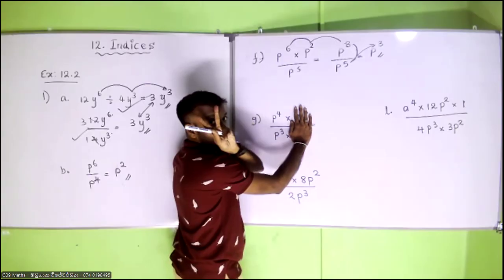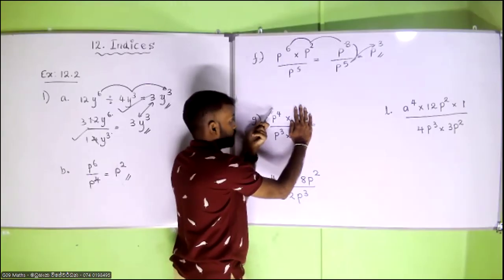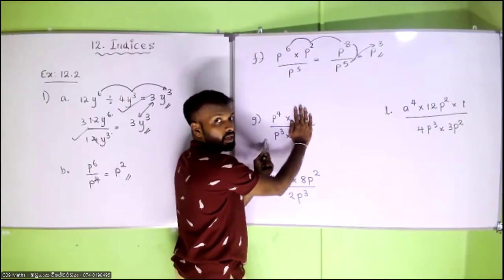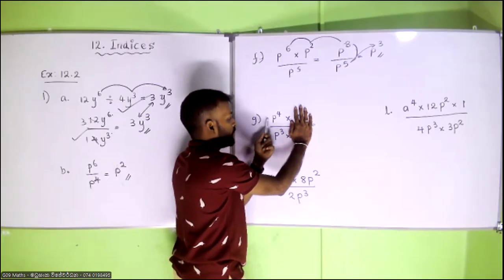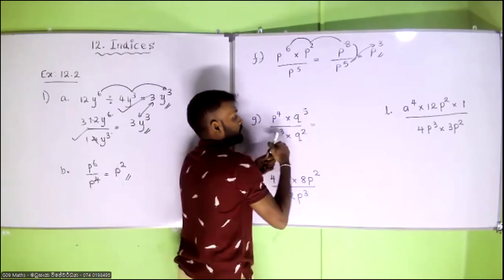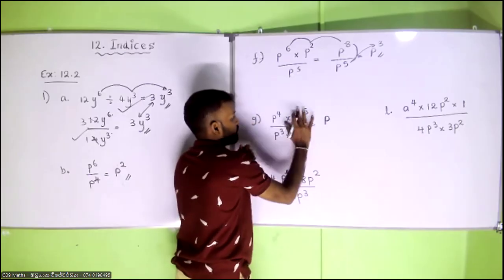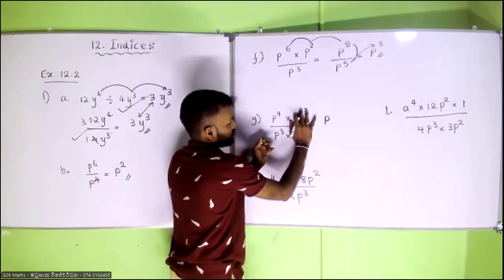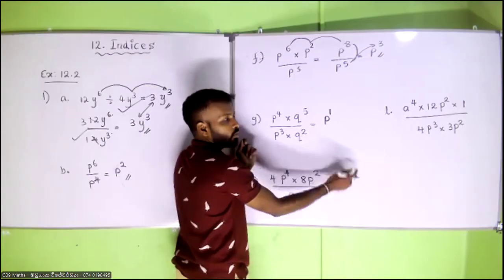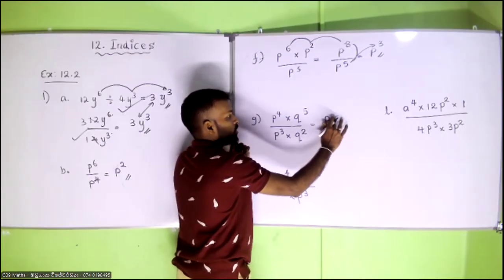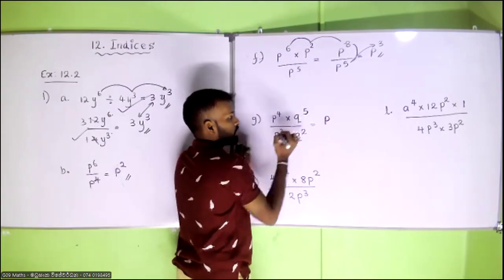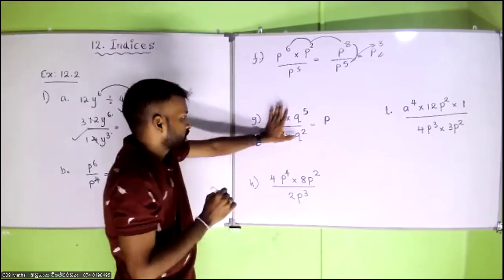Laws of indices 2, right? Divide, same P. 4 minus 3, 1. I am not going to put 1 here because automatically it is 1. Right? Now this part is over.